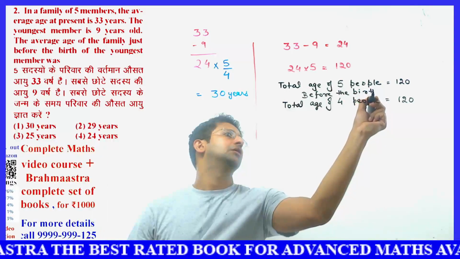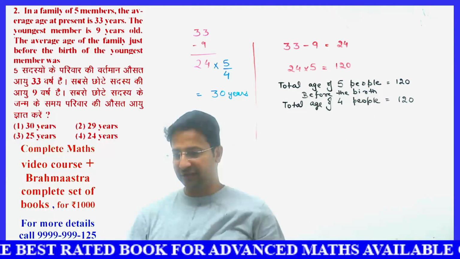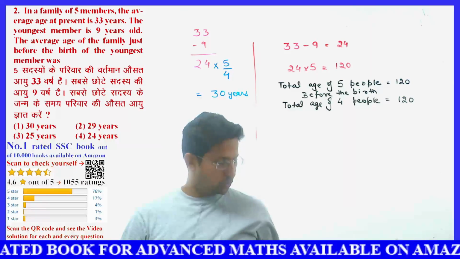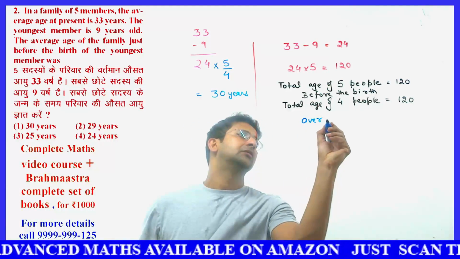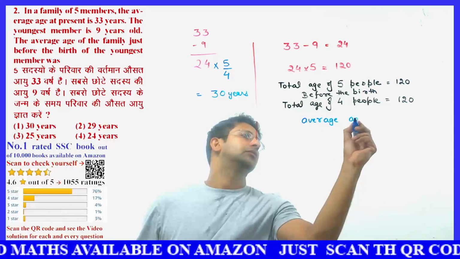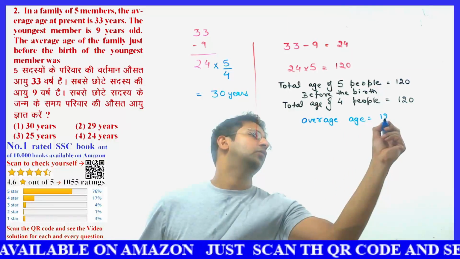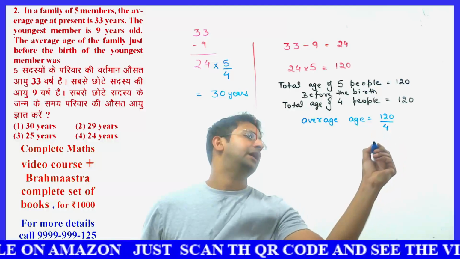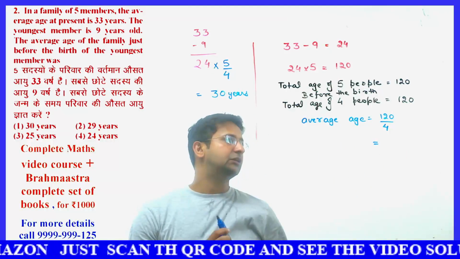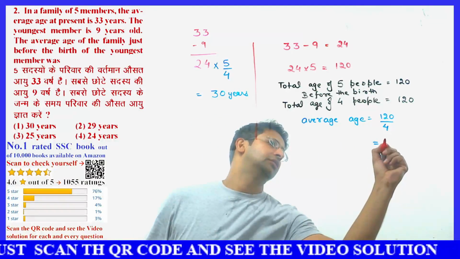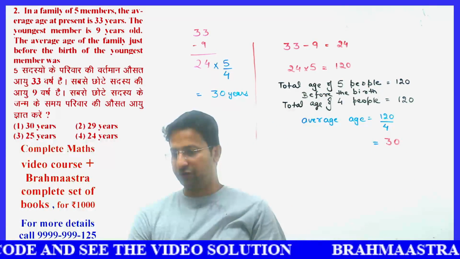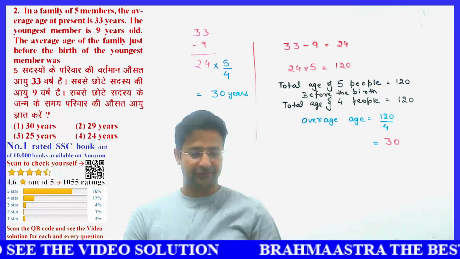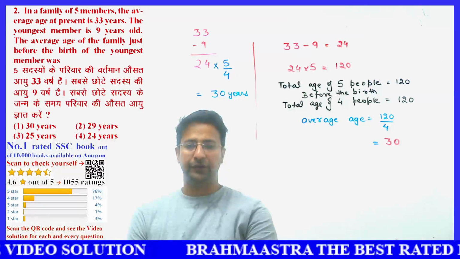Getting it, dear students? So the average age will be 120 divided by 4, that is equal to 30. And I'm sure it is clear to all of you. Okay, dear students. Let's take the next one.